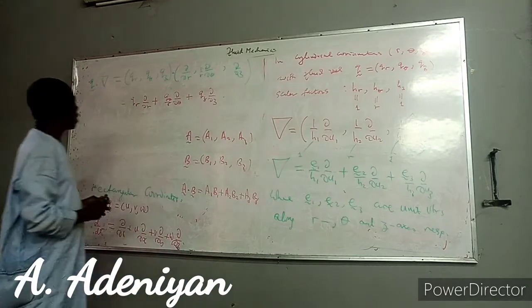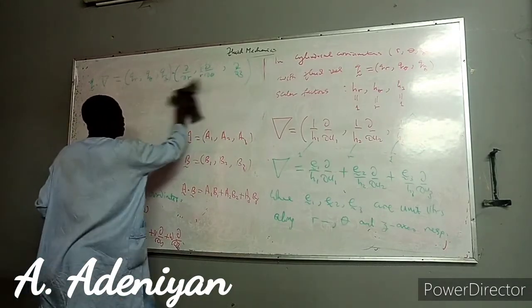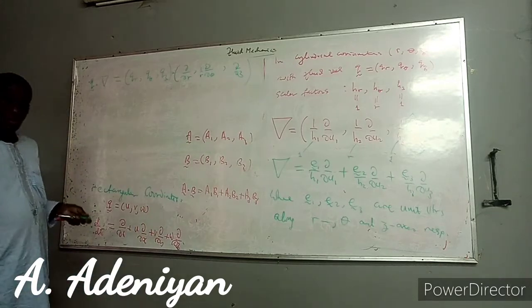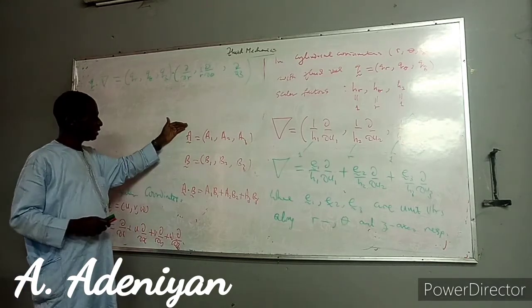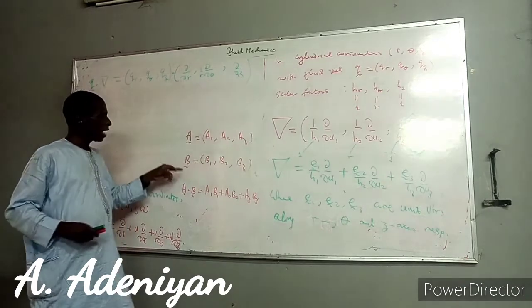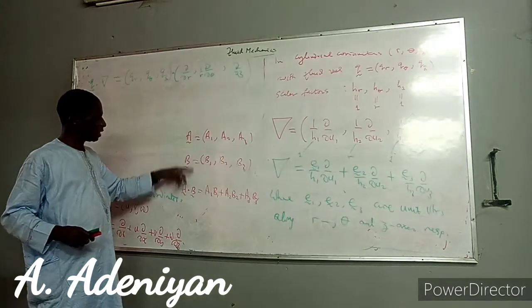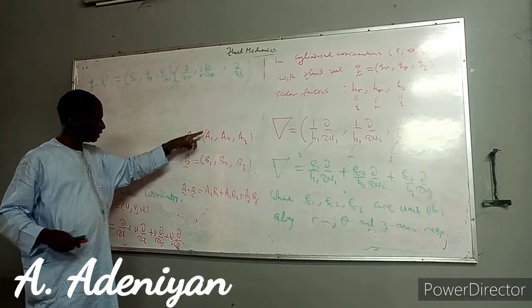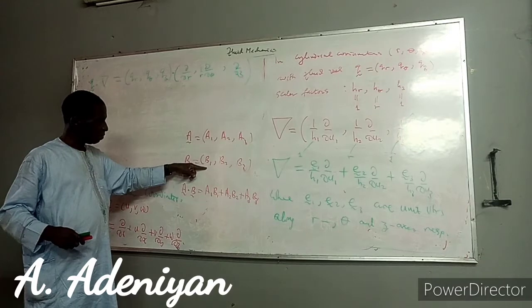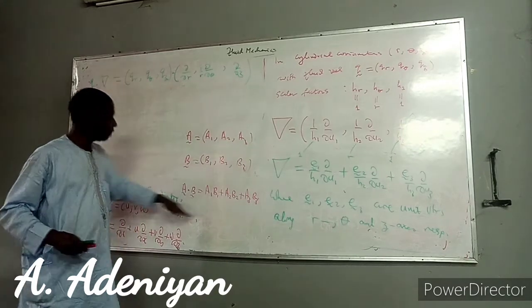If we take the dot product of this, what do we obtain? From your remaining mathematics, if you have a vector A, which is A1, A2, A3, and another vector B, which is B1, B2, B3, to take the dot product means simply A1 multiplied by B1 plus A2 multiplied by B2 plus A3 times B3.